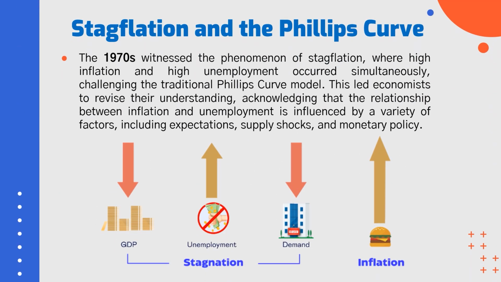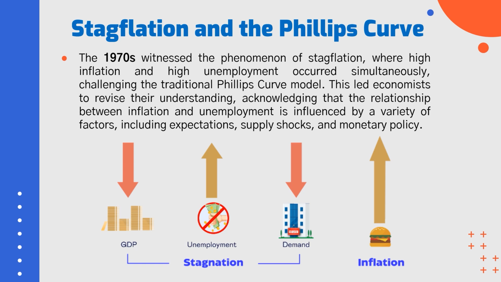One of the biggest challenges to the traditional Phillips curve occurred in the 1970s during the period of stagflation, when both inflation and unemployment were high. What happened? Oil price shocks raised production costs, making goods more expensive. Businesses passed these costs to consumers, causing inflation to rise.